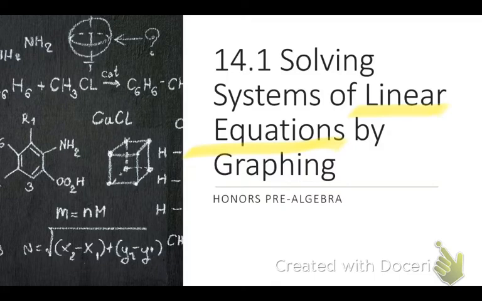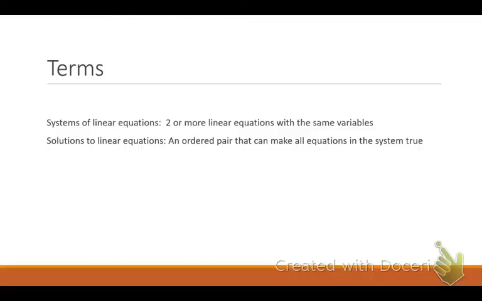We'll talk about how that's beneficial and why we do that in just a minute when we do our modeling real life example. All right, so what is a system of linear equations? It's two or more linear equations that have the same variables. Remember in the last chapter how x would stand for t-shirts?